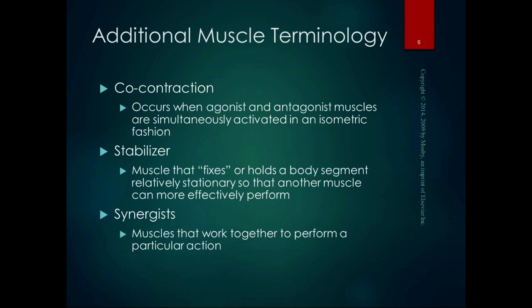Our shoulder girdle muscles are acting as stabilizers, so then our other muscles can perform that action. Synergists are muscles that work together to perform a particular action. So in the bent over row, your biceps and your latissimus dorsi are acting as synergists to perform that action a lot of times, and maybe a few other muscles.